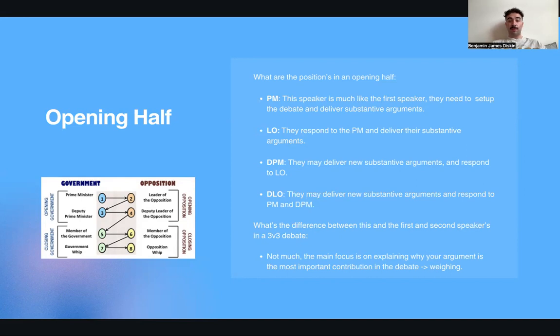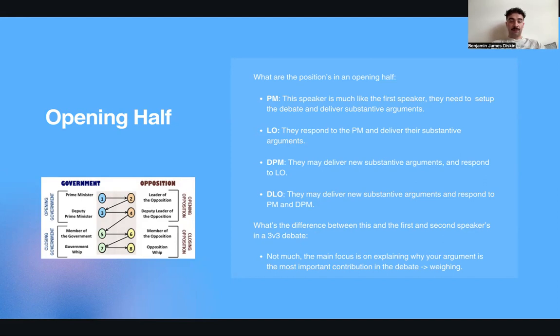Following a prime minister's speech, the leader of the opposition, which is the first speaker of the opening opposition team, will first of all respond to the prime minister in the way that a first negative might, but their focus is still, like a first negative, to deliver the important substantive arguments and contributions from their team.